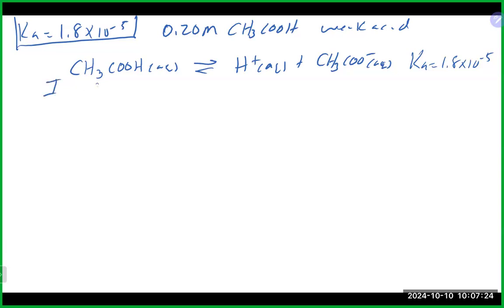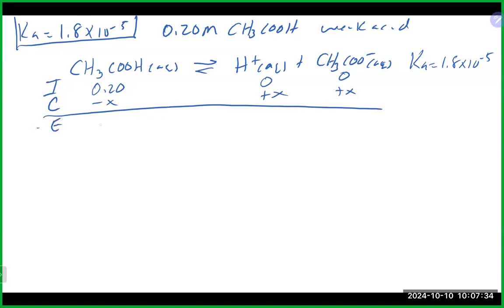Initially here we'll do an ice table: 0.200, change minus x, plus x, plus x. Means when we get to equilibrium here, 0.2 minus x, and x. Any questions on that so far? So really just like a regular Ka problem that we did before, that means we should go into our Ka expression, which is our products over our reactants.